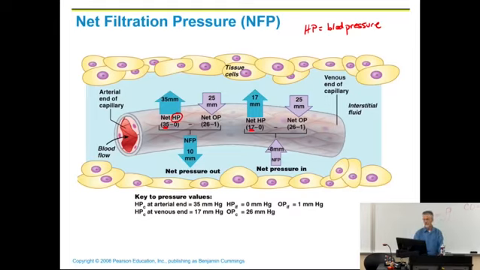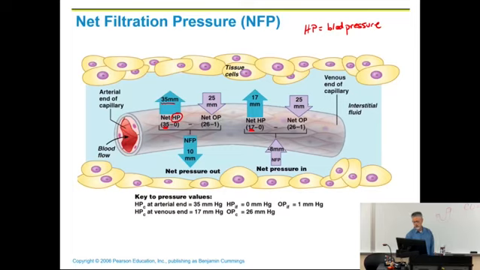It's about half the blood pressure even along the length of that capillary, okay? So half of the blood pressure has dropped away as we go through the capillary. But at the beginning, we have a fairly high blood pressure at 35 millimeters of mercury.